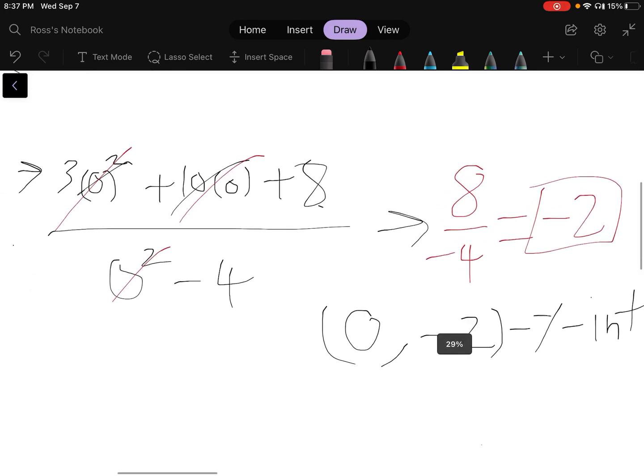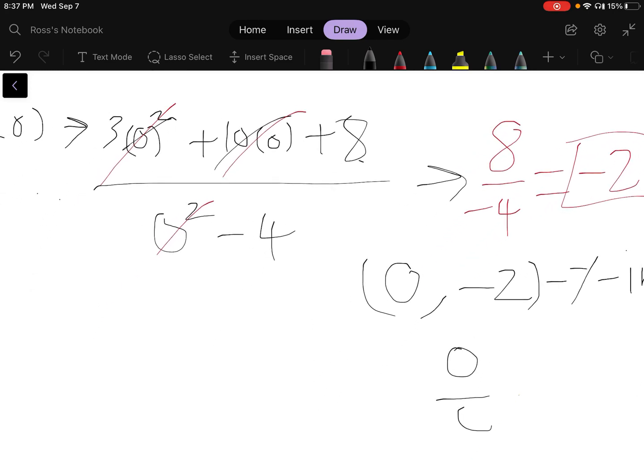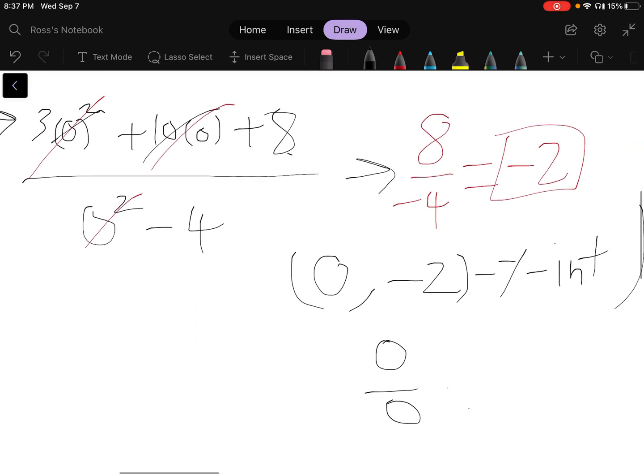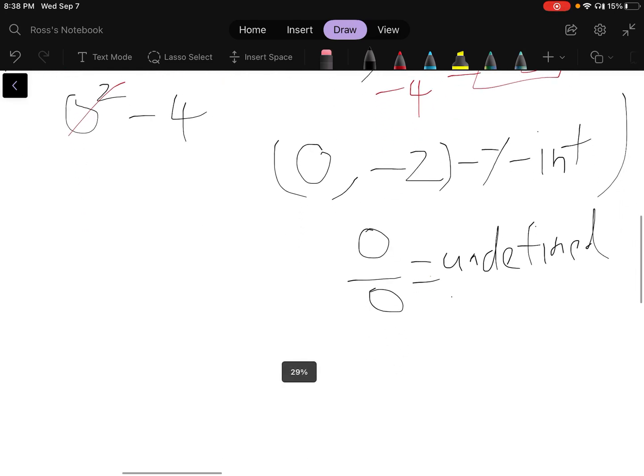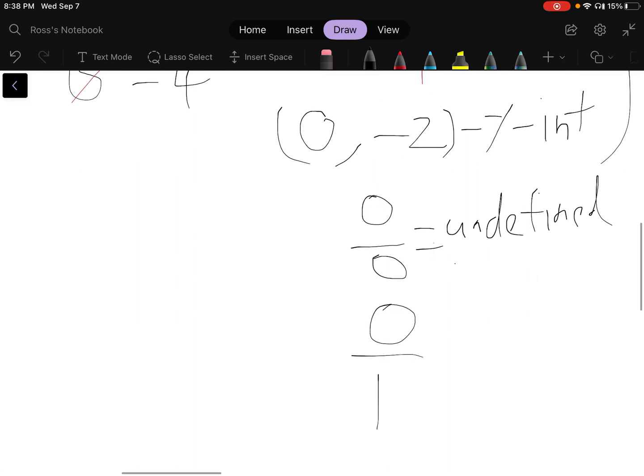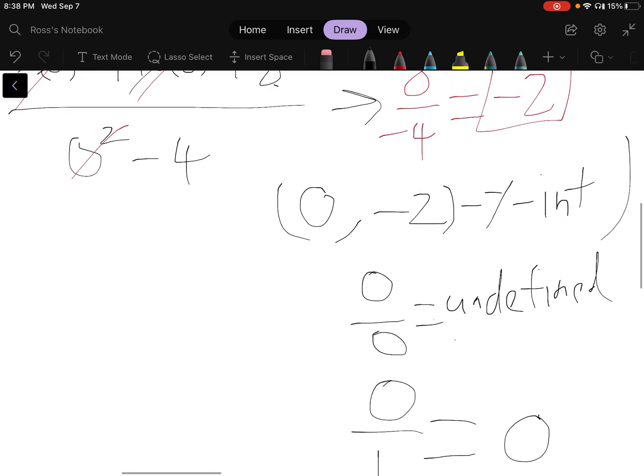If you get as a result something like 0 over 0, that's going to be undefined, so there would not be one. If you got, for example, 0 over 1, that is just 0, and that is valid. But 0 over 0 is not. So that's the y-intercept. Does that make sense?